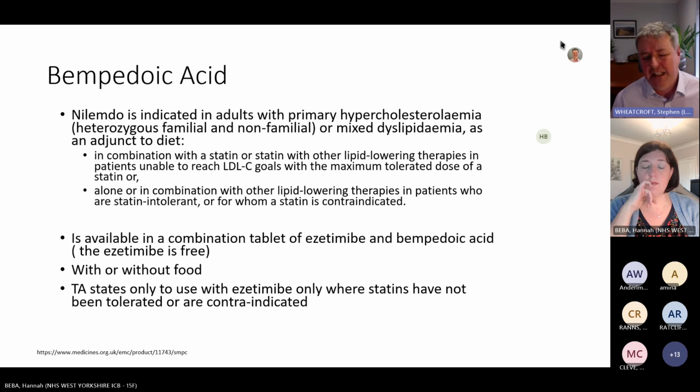It's not active in skeletal muscle, so this is one of the benefits: although it inhibits cholesterol synthesis, unlike statins, which also inhibit cholesterol synthesis in muscle, bempedoic acid does not. The NICE TA says that it should be used together with ezetimibe in patients where statins have not been tolerated or are contraindicated, although you'll see from the license that it is licensed to be used in combination with statins. Next slide, please, Hannah.